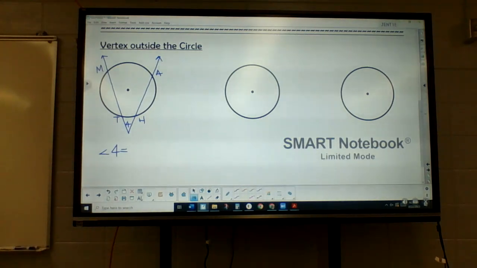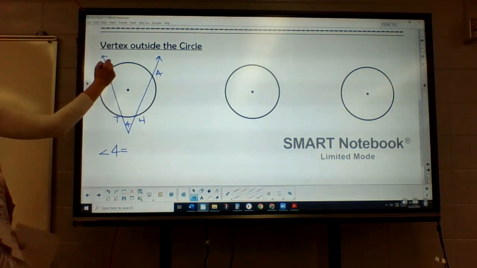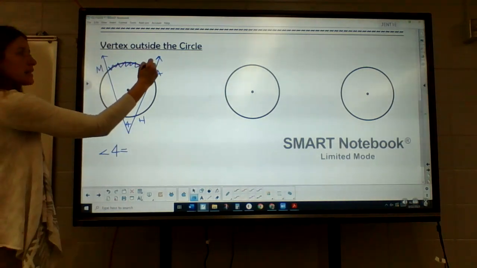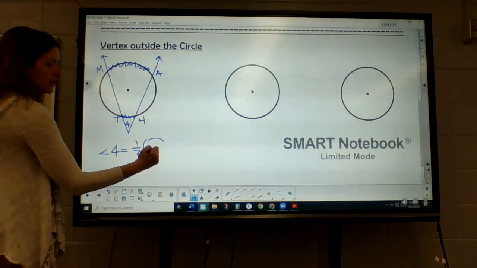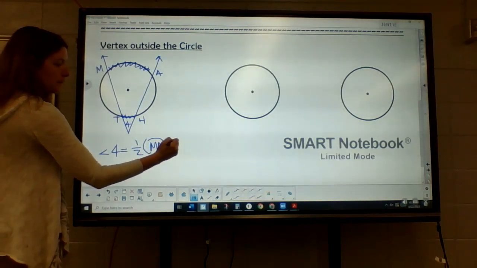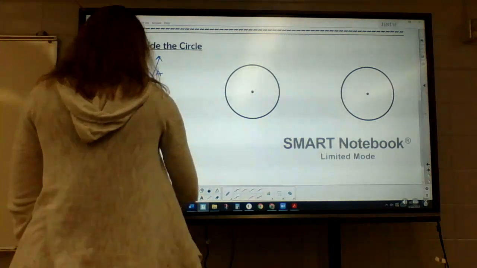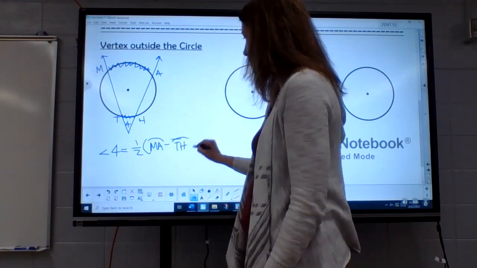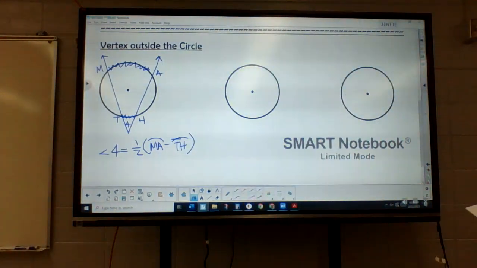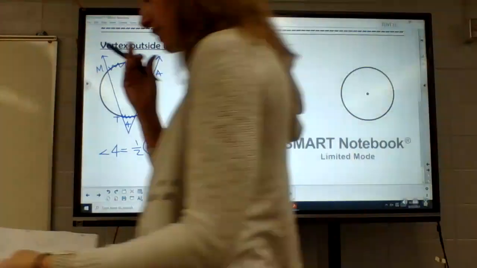But the way we're going to subtract them is we're going to subtract the big one minus the little one. So half of MA minus TH.